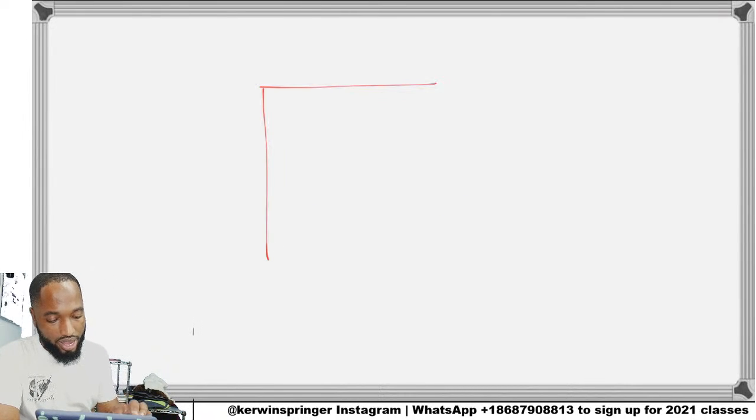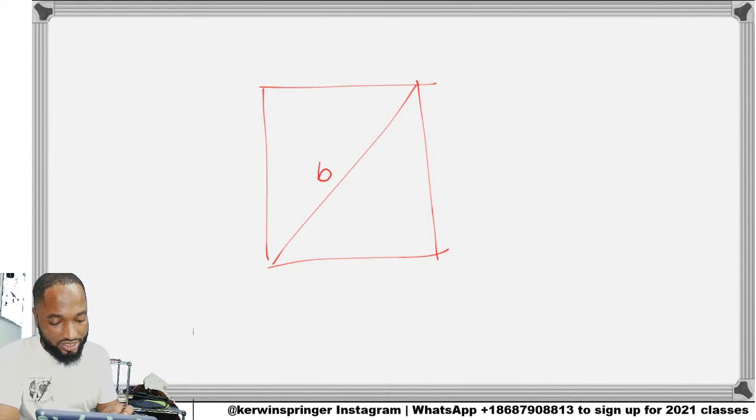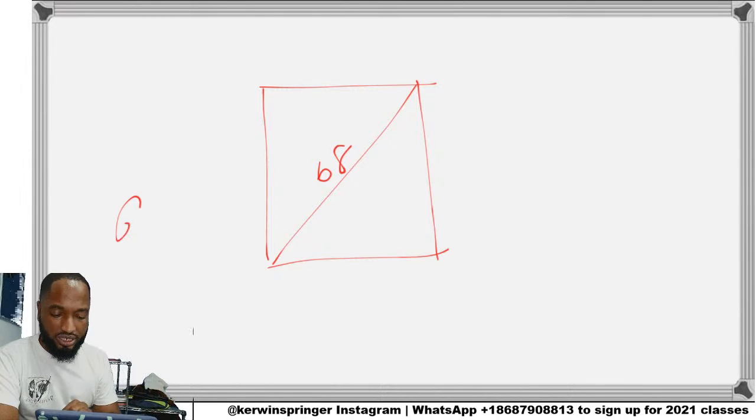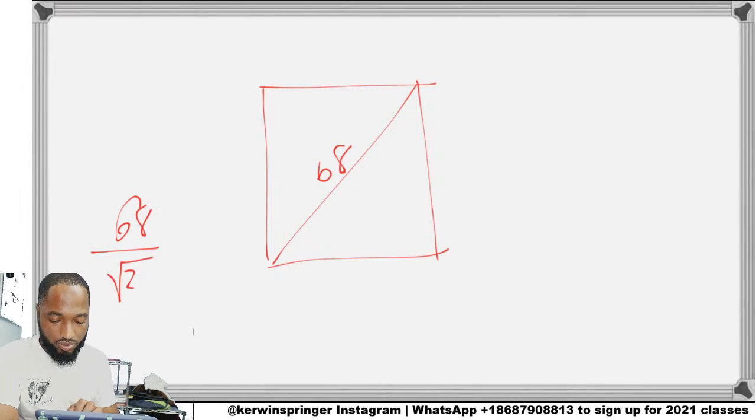If you have a square and you know the length of one diagonal, like 68, what's going to be this side? The answer is 68 divided by root 2, approximately 32.